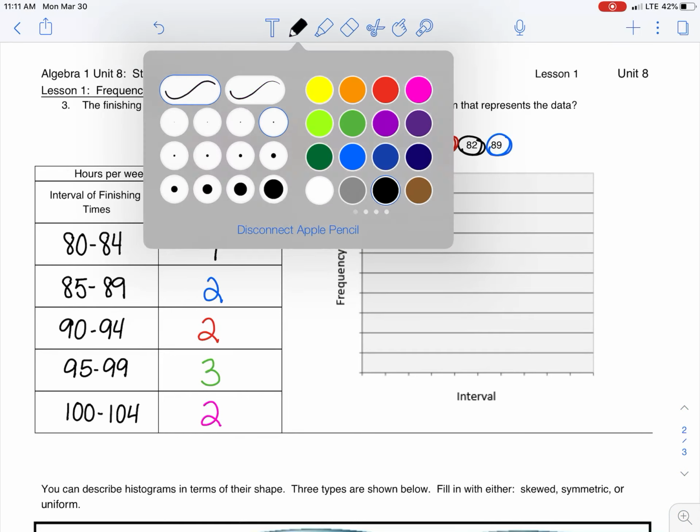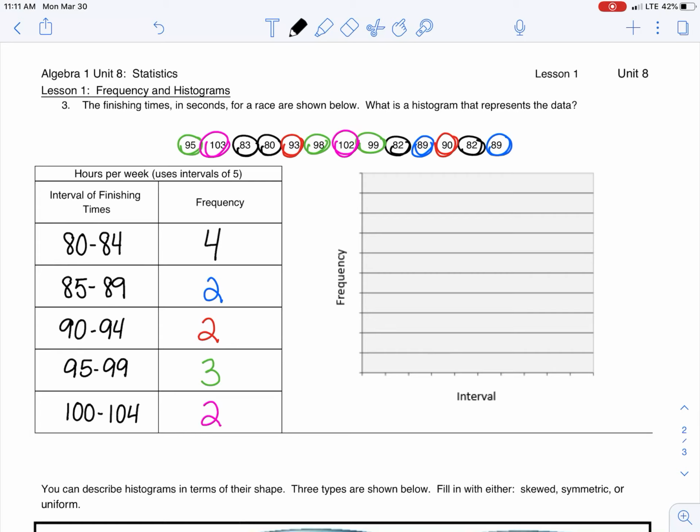Okay, from here, we're going to go ahead and start by labeling our graph. We have finishing times for the interval. Again, I'm going to stretch it out where we have two parts here. So we have 80 to 84.